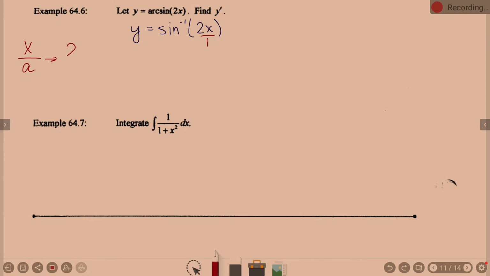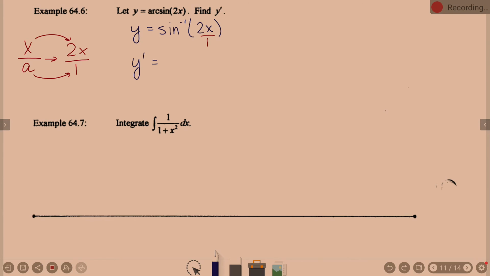So when we think about x over a, in the x position we're going to be putting in 2x, and in the a position it's going to be 1 again. Okay, you ready to use your rule up above?